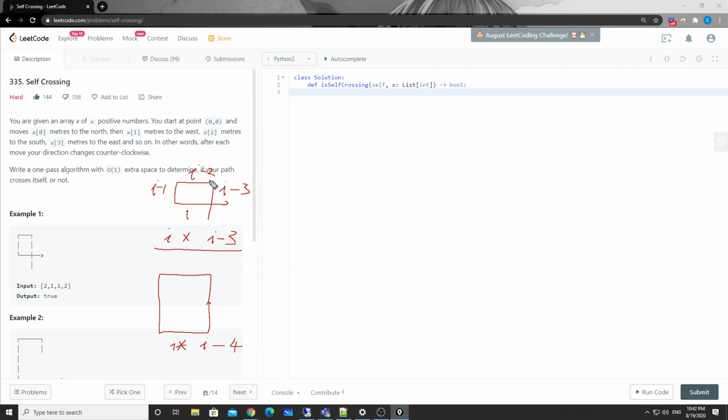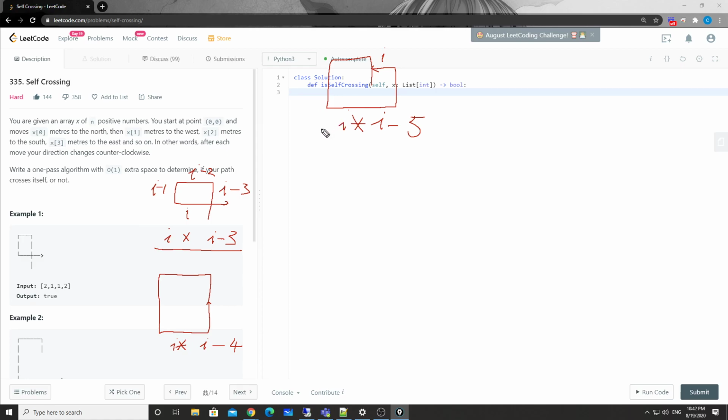The third one is this: 1, 2, 3, 4, 5, and 6. That's I. This is I crossing with I minus 5. I'm telling you, there are only three patterns of self-crossing.